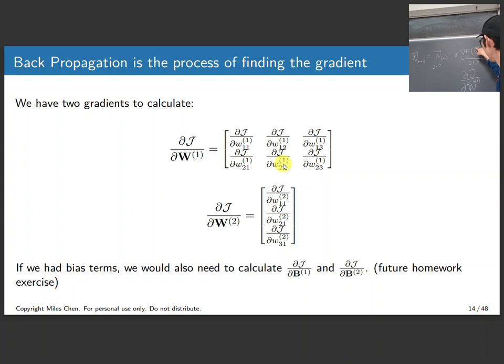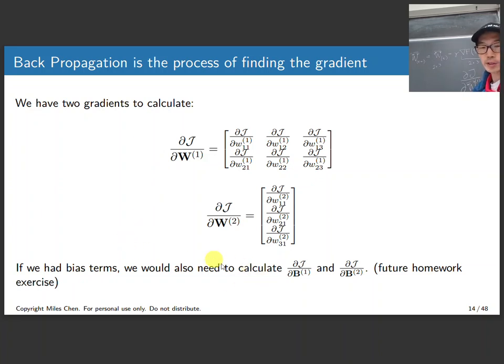These are matrices, not vectors, but same idea. If you've got this matrix W1, which is 2x3, then the gradient nabla f with respect to W1 has to be the same dimensions as W1, okay?